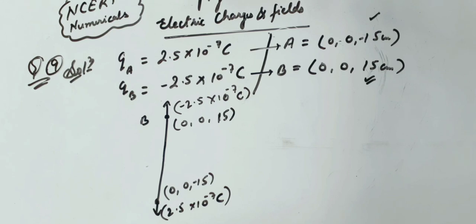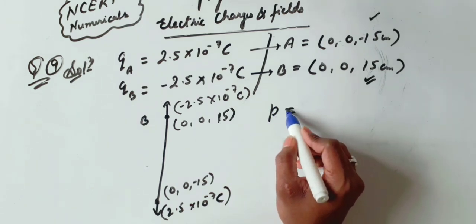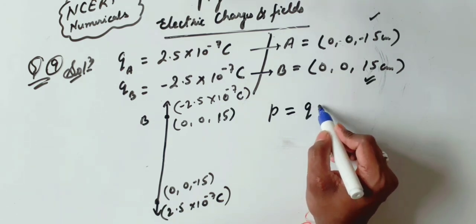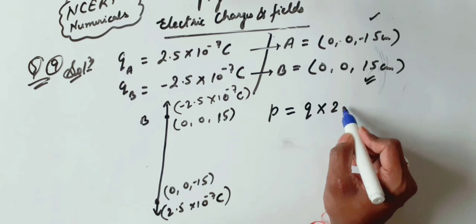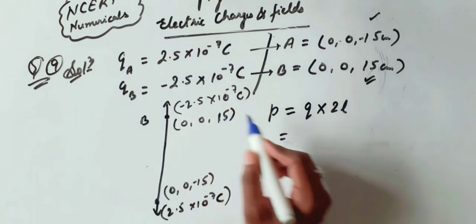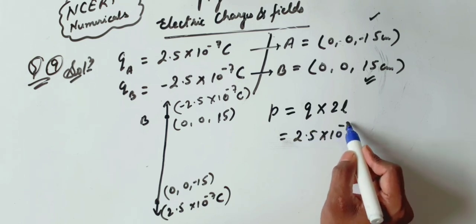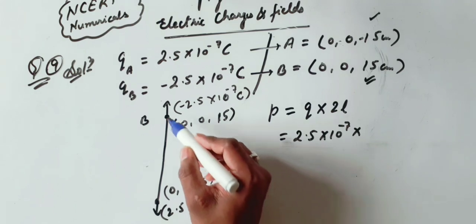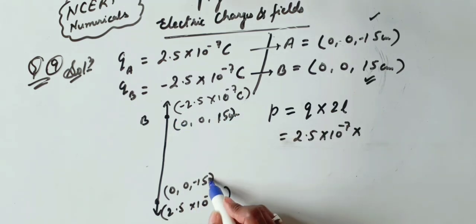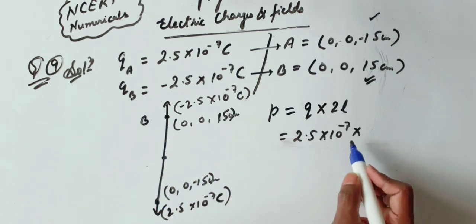Now in the second part we will find the total dipole moment of these charges. As we know, the electric dipole moment is equal to the product of charge and dipole length. Here the magnitude of the charge is 2.5 × 10^-7 coulomb, and the dipole length is 15 centimeter plus 15 centimeter from the origin, which is 30 centimeter.